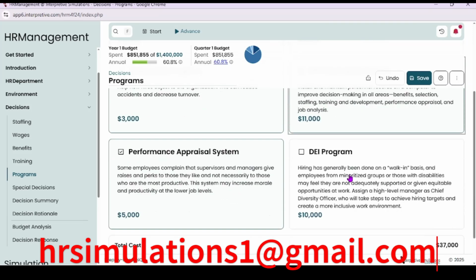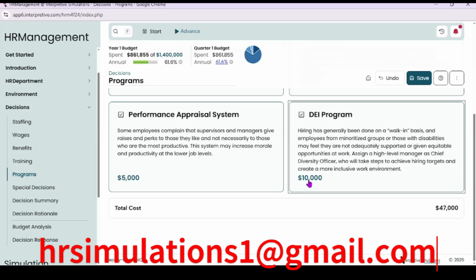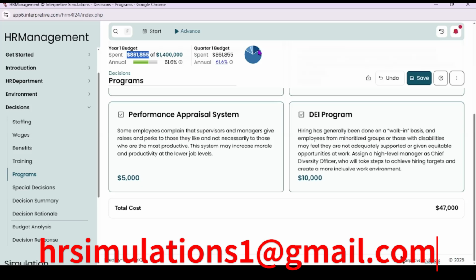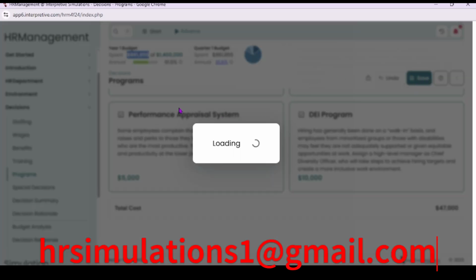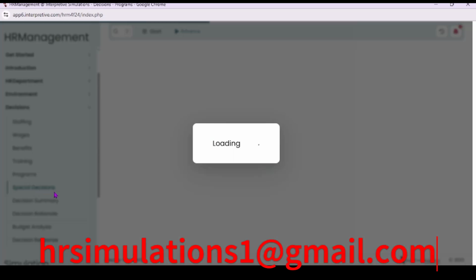The HR information system, and maybe the DEI program. So I'm going to invest on all these programs, and the maximum investment will be 47,000. So far you can see that you have spent 861,855 out of 1.4 million USD. So I'll save the decisions, and then I can now go to the special decisions.